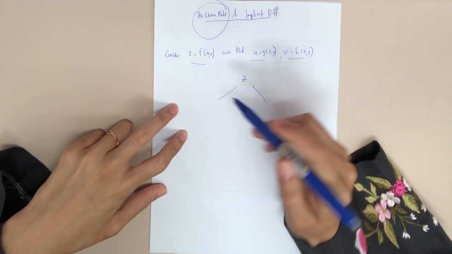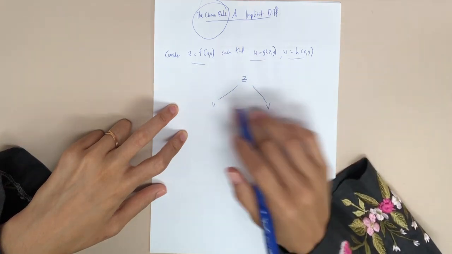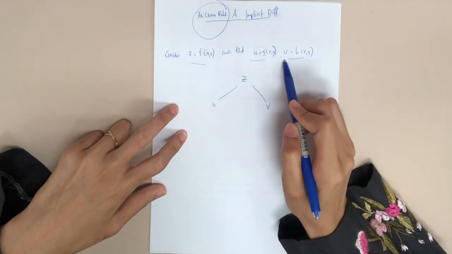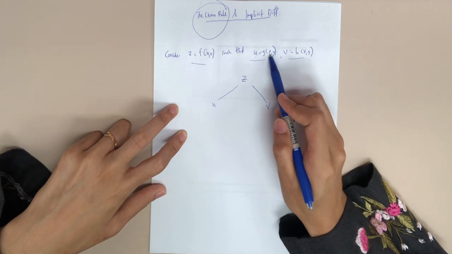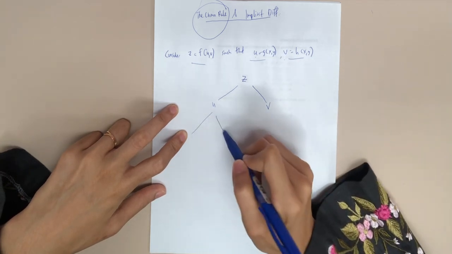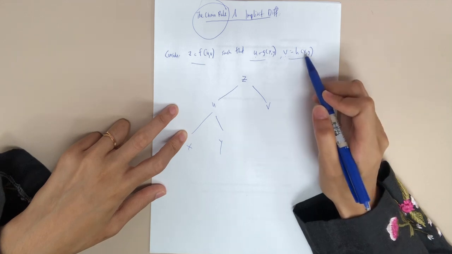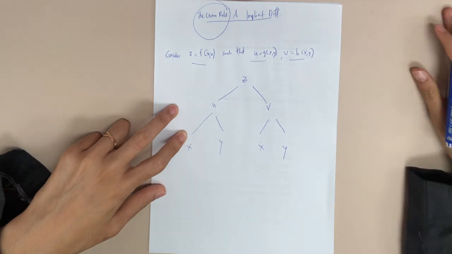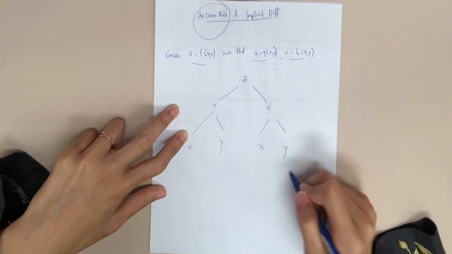So you write down here u, v. Then inside u, they have variables x and y. Same thing for v, they also have variables x and y.